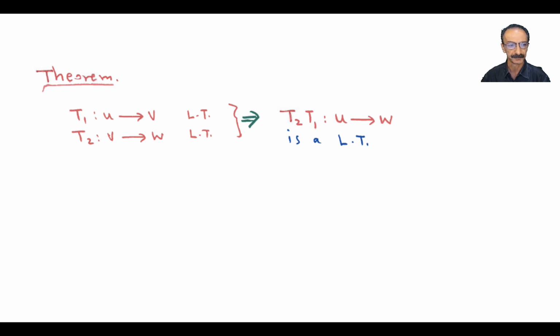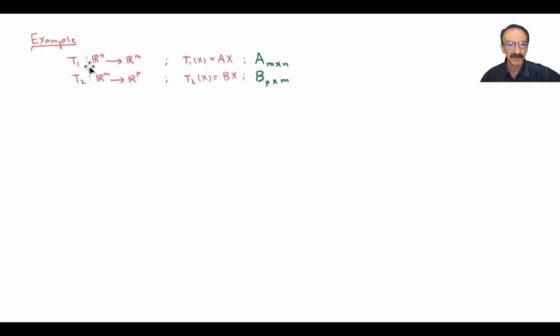Here's an example. If T1 goes from R^n to R^m with a matrix of transformation A with a size of m by n, T1 of X will be written as AX, where X is a vector in R^n. T2 takes you from R^m, same right here, to R^p, defined as T2 of X equals BX.